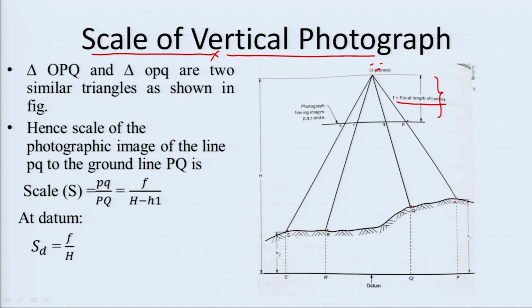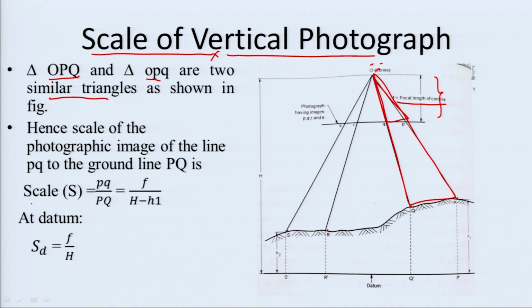According to scale, that is map distance upon ground distance, consider two different triangles, OPQ and O small p small q, this triangle, this and this. By using the properties of similar triangles we can determine the scale.